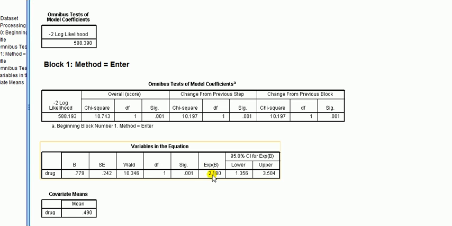Those rules for interpreting the e to the b and coefficient b always hold for when we're looking at these nominal covariates, nominal explanatory variables. I have to be so careful of my wording. This is just an aside here, because the word covariate, I think the official definition is that a covariate is a continuous explanatory variable.